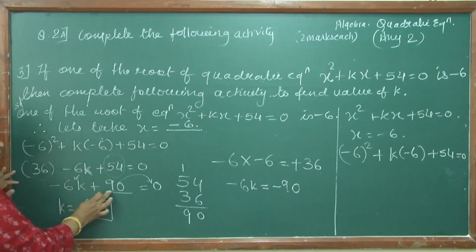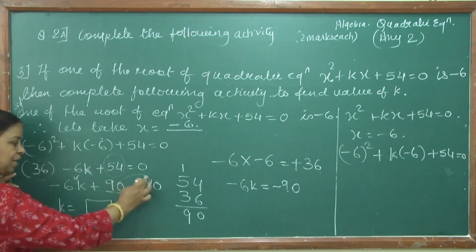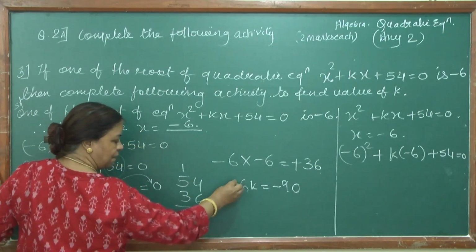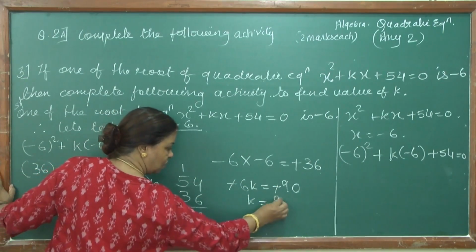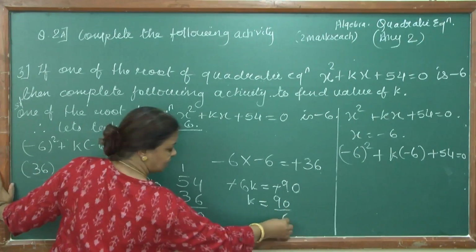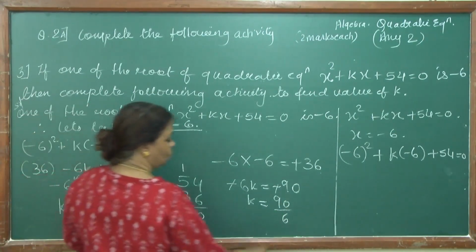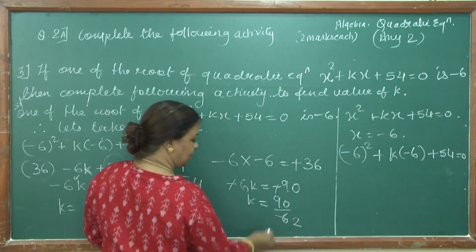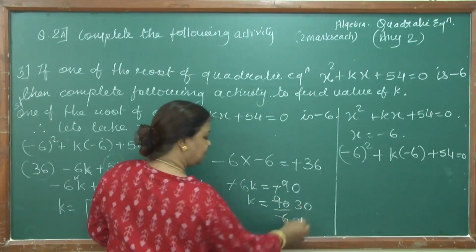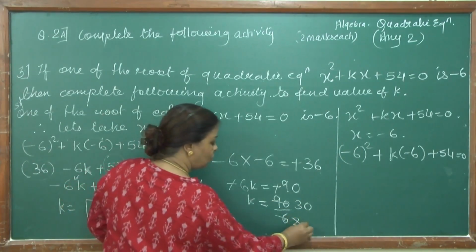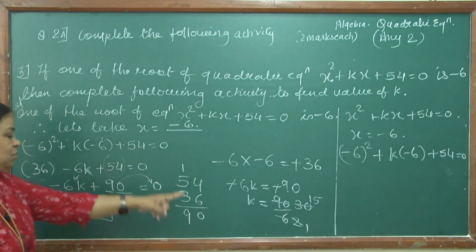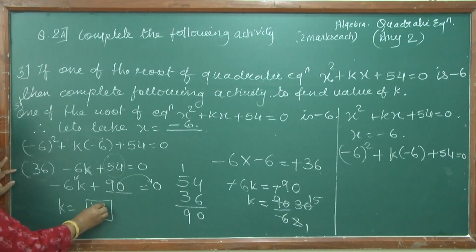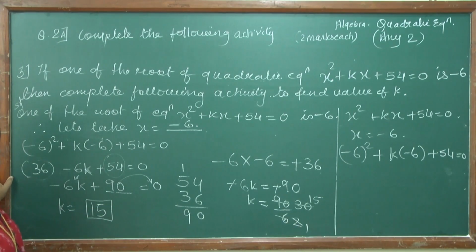The sign of 90 is plus; I took it to that side, so it became minus. Minus and minus will cancel. So k is equal to 90 upon 6. 3 twos are 6, 3 threes are 9, and dividing 30 by 2 you get 15. So the k value is 15, children. You can pause the video and solve the sum.